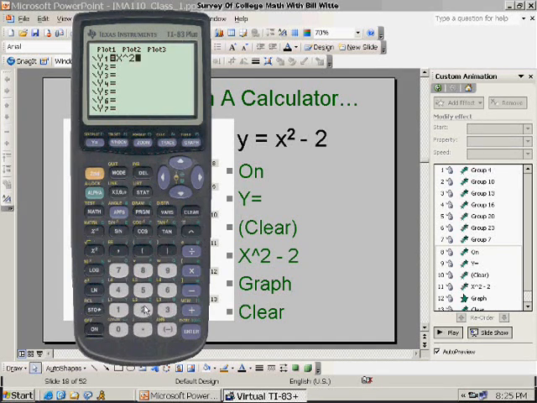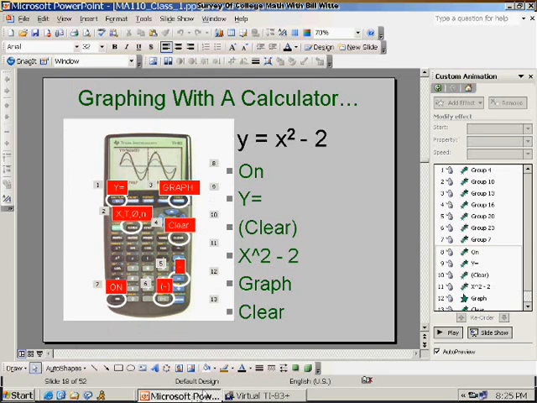To the second. I know you have this X squared button. That won't always work though. I use the to the second. And in this case, -2. So it's subtraction. -2. And if I hit graph, there's the graph. Of course, we knew that because we did it. And how do we get out of this? Clear. Great. Okay.